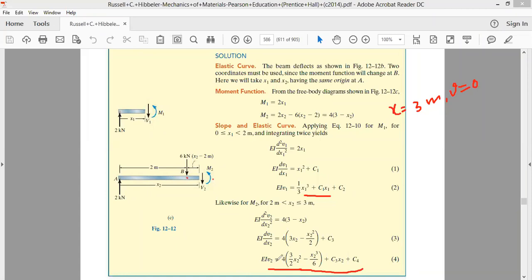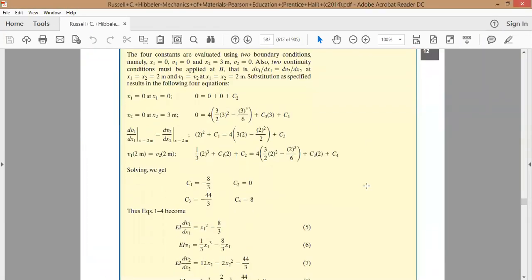So substitute the value of the deflection equal to 0. The left hand side of this equation becomes equal to 0, and on the right, 4 times 3 by 2 x2 square, where x takes the value of 3, that is 9 by 2. Or I can do one thing, I can directly show you what has been solved here.